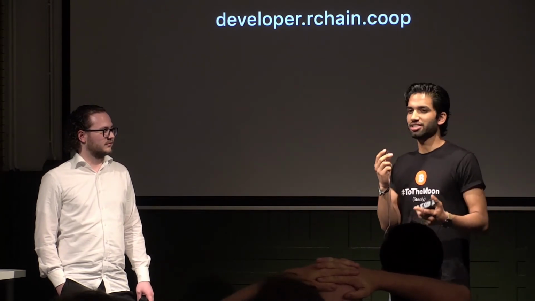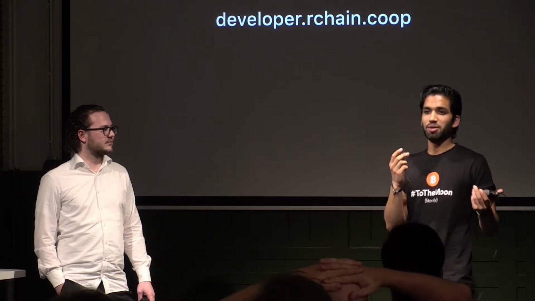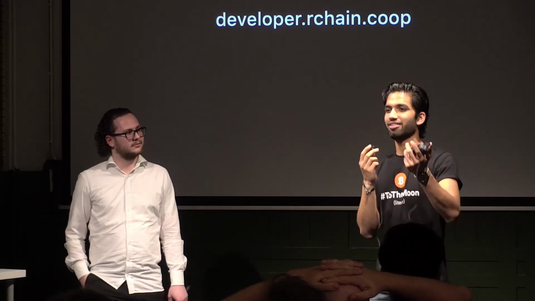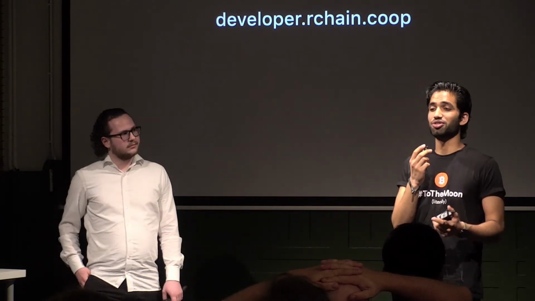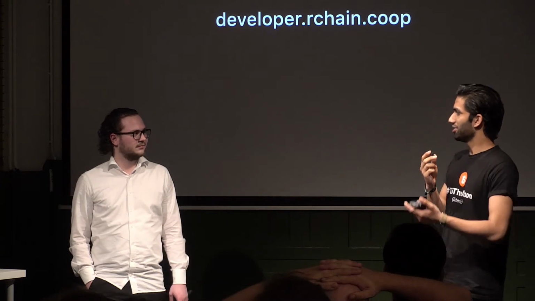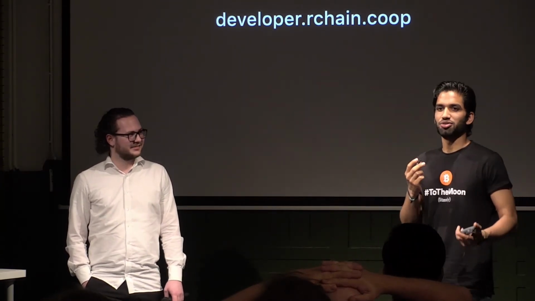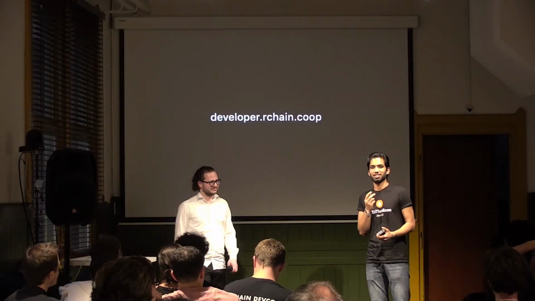So what we thought is, why not run it in the cloud, and have a public URL that anyone can visit, and just create an instance of a node to execute your code on. And that's what we built in the hotel room while we were at the conference, just to help people get started with RChain.cloud.